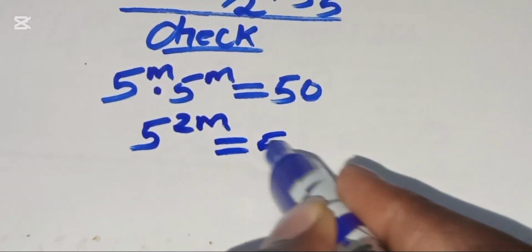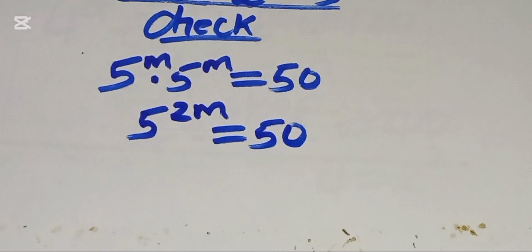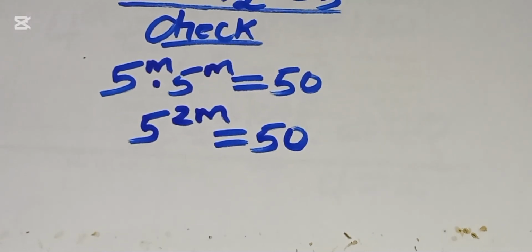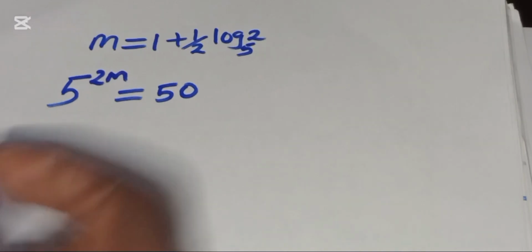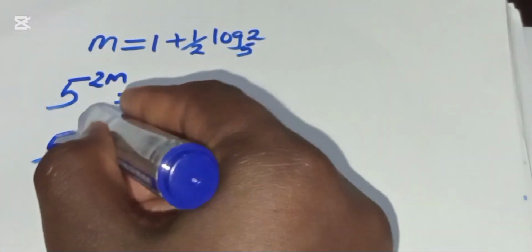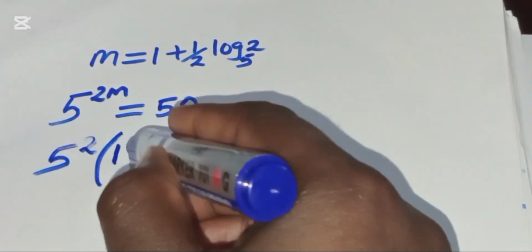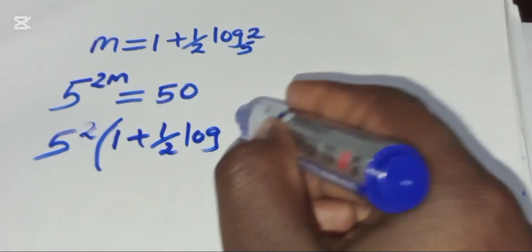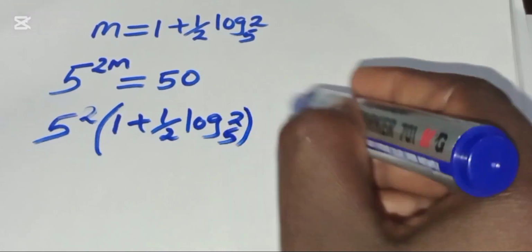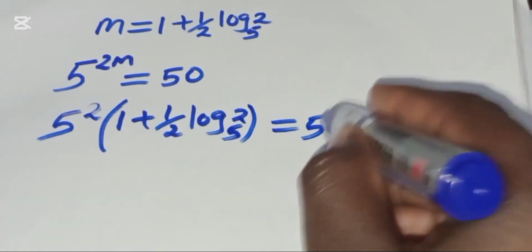Let's substitute the value of m. We'll have 5 raised to power 2 into the bracket 1 plus half log 2 to base 5. This should give us a value of 50.